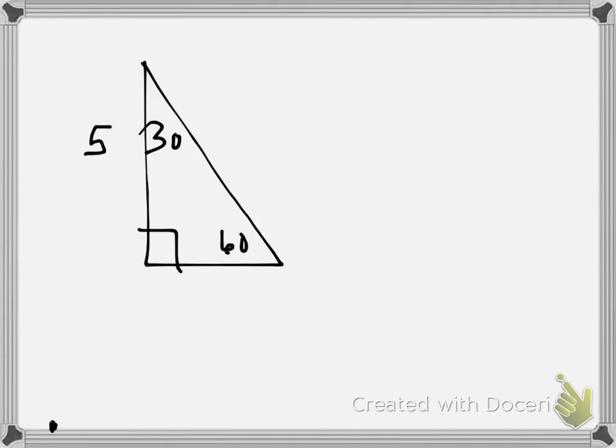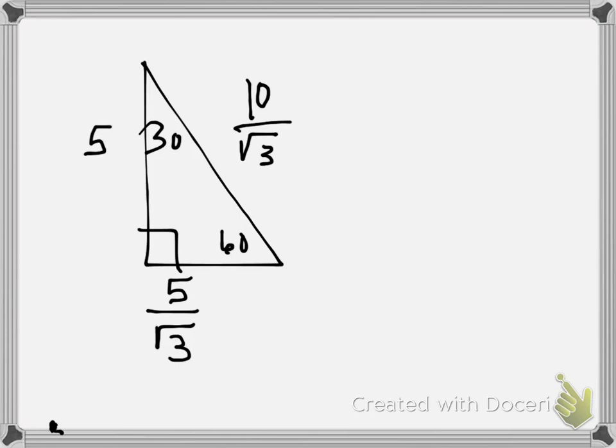To go backward, I would always find the short side. So I know I have to divide by square root of 3. 5 divided by square root of 3. And then to get the long side, you always multiply by 2. So if I times this by 2, I get 10 over square root of 3.